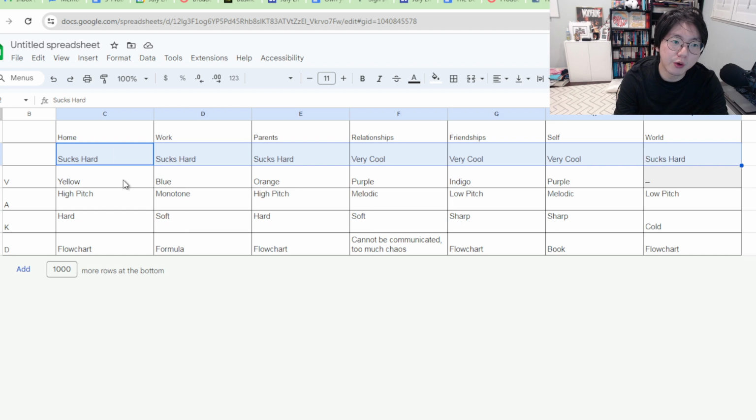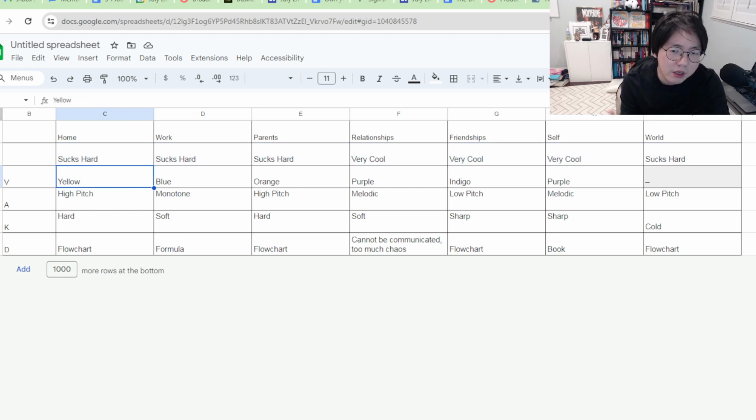In the visual realm, I ask, if home was a color, what would it be? Looks like it's yellow. If work is a color, it's blue. If parents were a color, it's orange. But the greater pattern I'm trying to see is, among the sucks hard, is there a pattern?